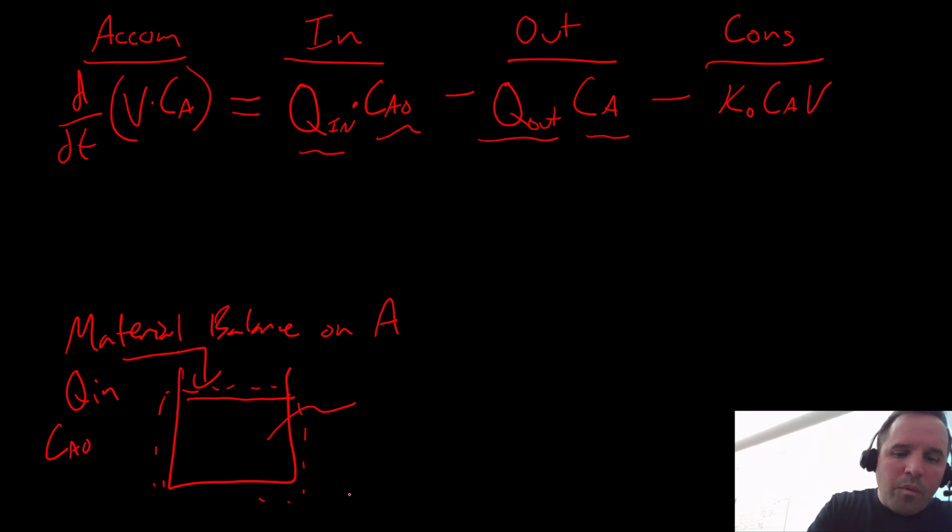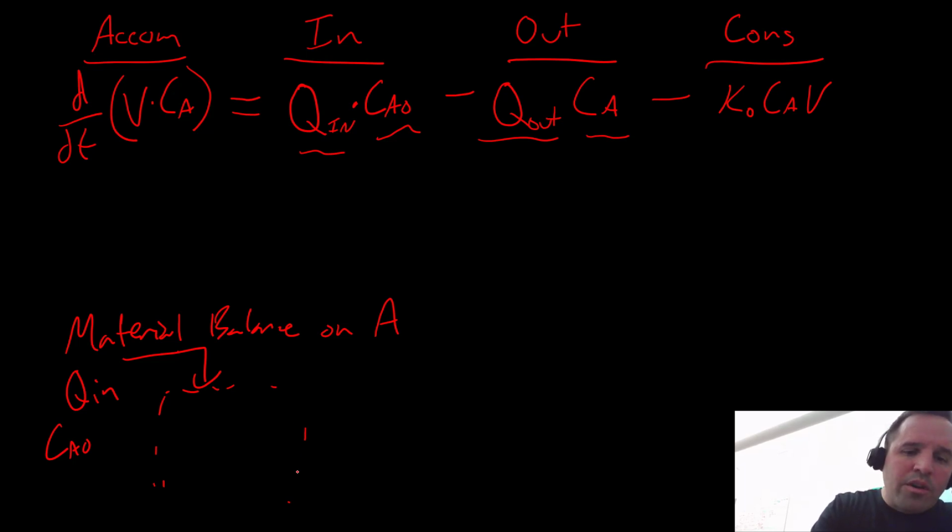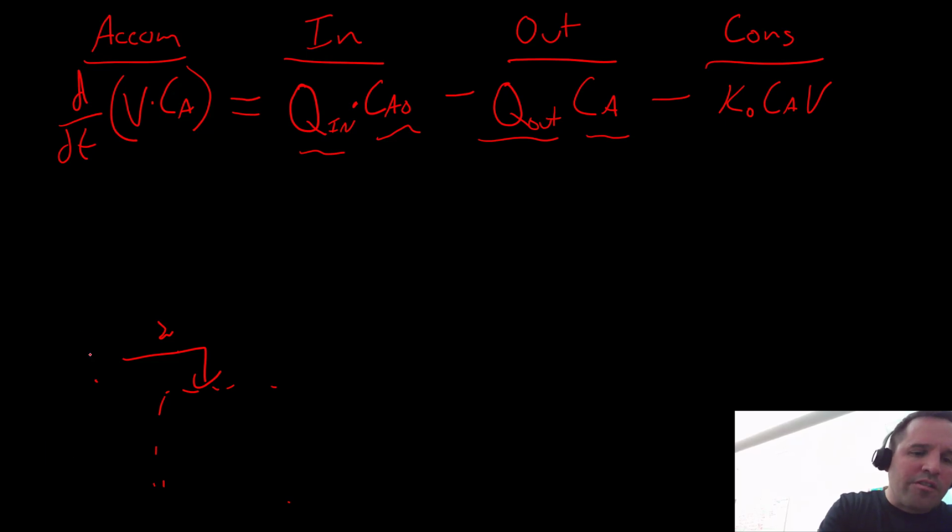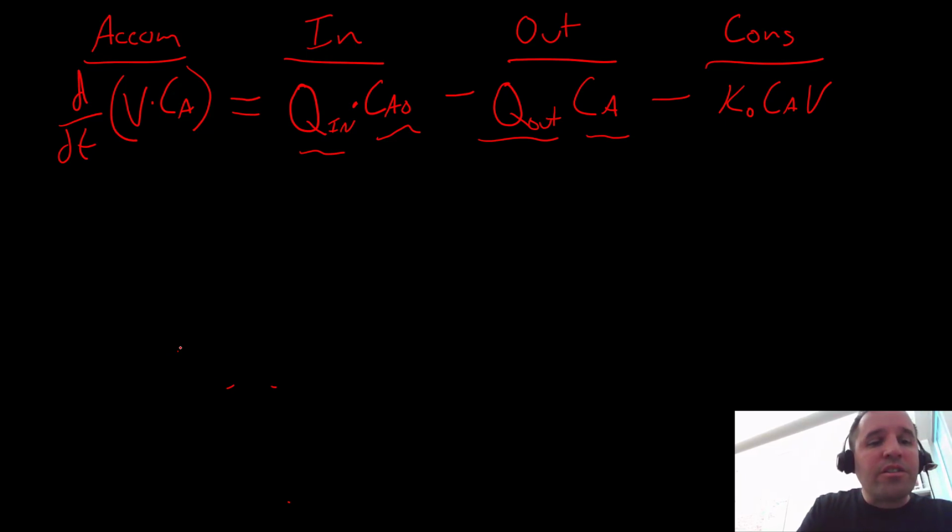However, knowing this quantity, we would know the total number of moles of A, or the rate of change of the total number of moles of A, but what we actually want to know is this term dCA dt. We want to solve explicitly for dCA dt. So I would modify this equation using the product rule.